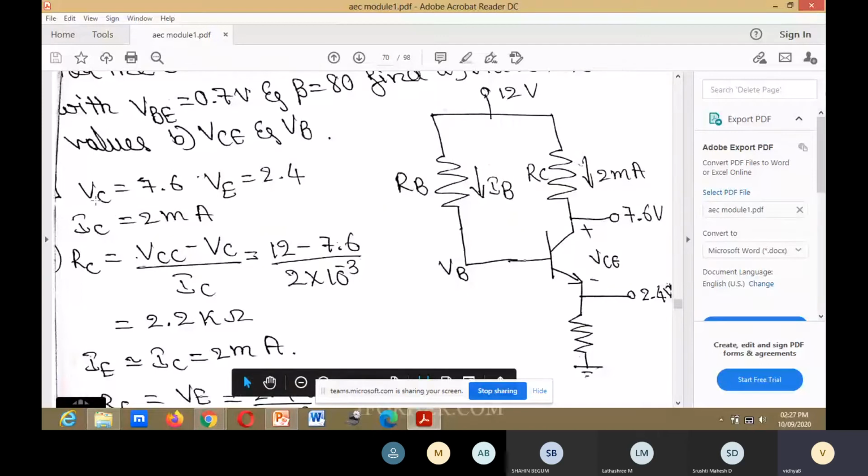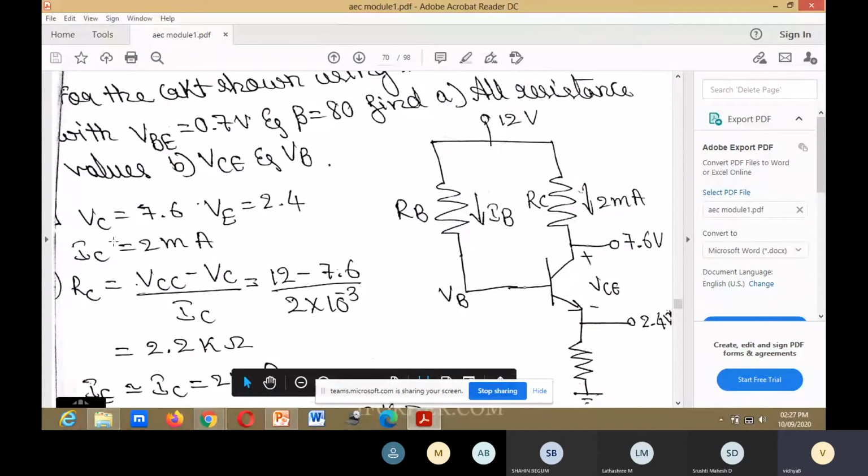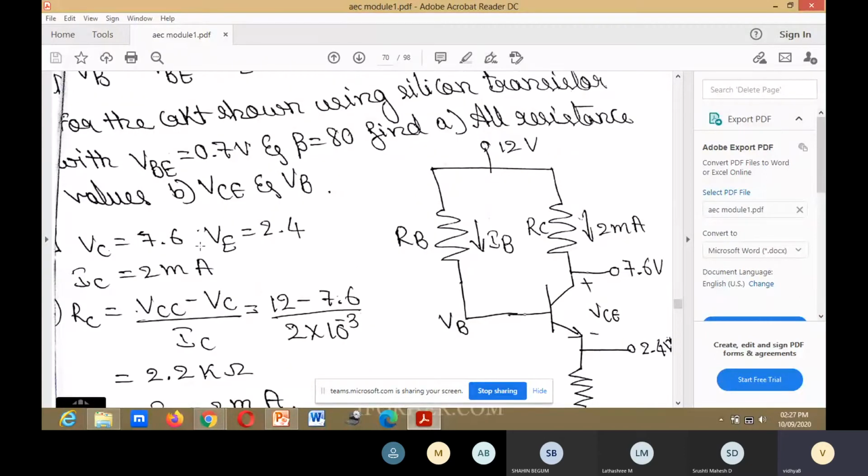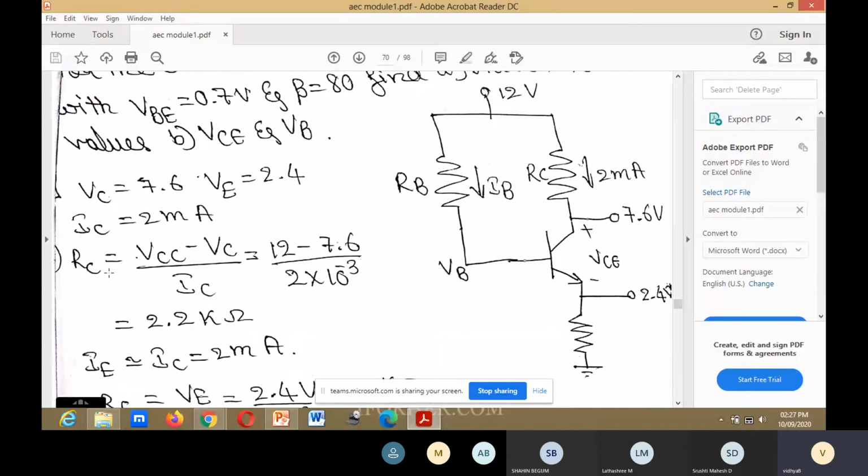RC is equal to, they have given VCC, 12 volts, and VC they have given 7.6, and VE they have given 2.4, and IC they have given 2 milliamps. Okay, RC is equal to what? VCC minus VC divided by IC.